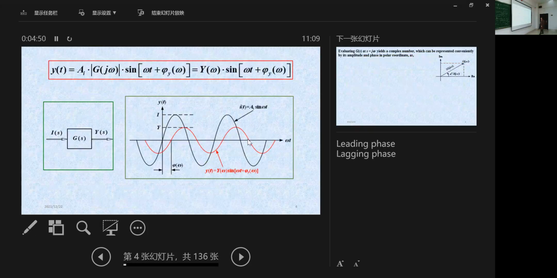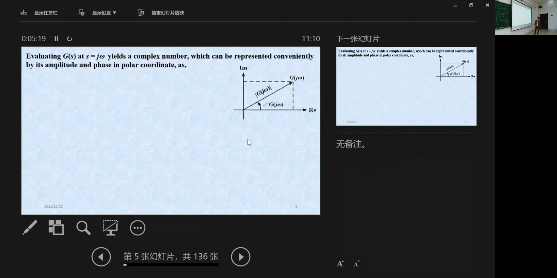That is to say, here we have a system. We give it an input sine wave, and we will have an output also in sine wave. See the curves shown here. The black curve is the input, and the red curve is the output. Since the input is a sine wave, the output is still a sine wave.